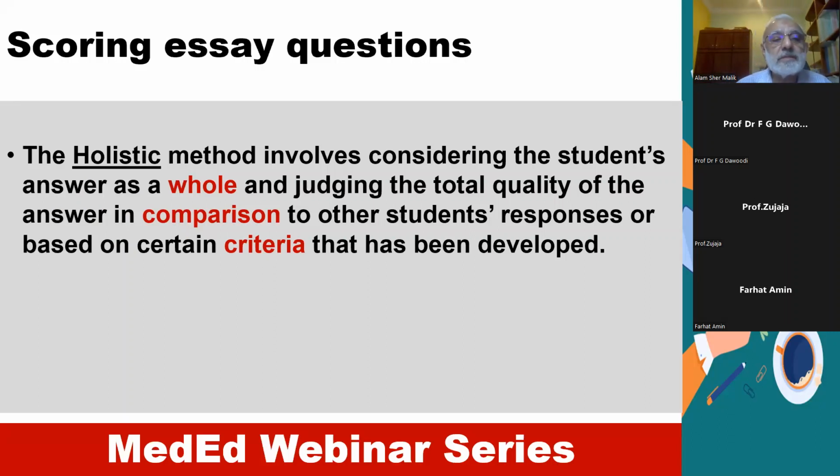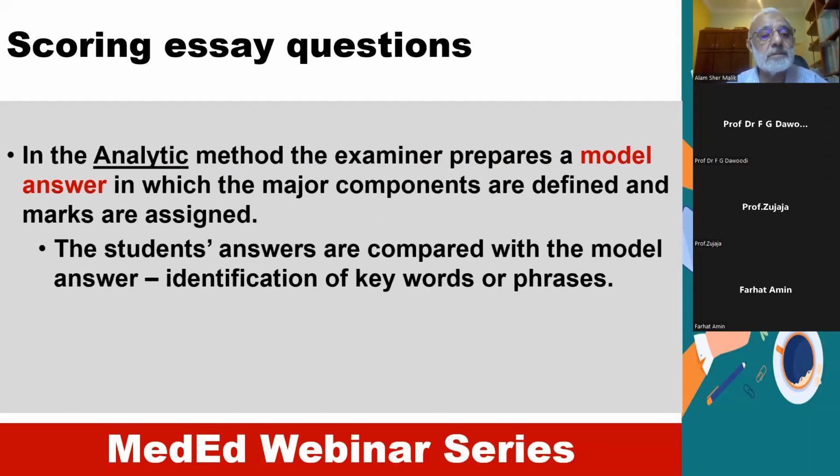So this is more appropriate for extended response type of essay questions, where the marks are given on the answer as a whole paragraph or whole page, based on criteria as well as comparing with other students, which is very different than the restricted response questions where we use the analytic method.